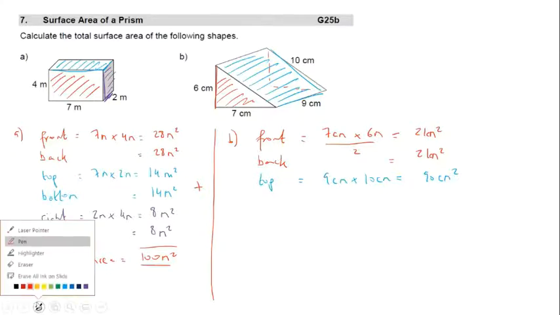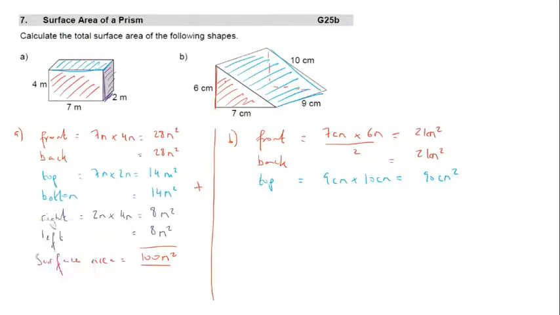Now the bottom is not the same as the top in this case, all right? Because the bottom, if I go over in green, here's the bottom of the shape here. Here is the bottom, and it's not the same shape as the top, all right? But it's still a rectangle, and this one is 9 centimeters by 7.